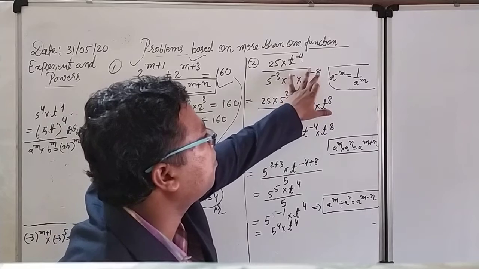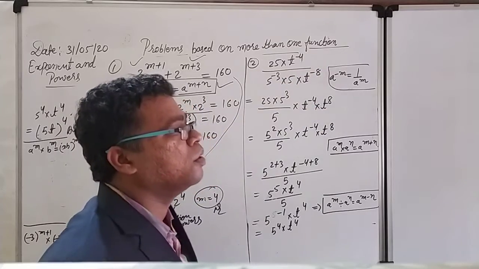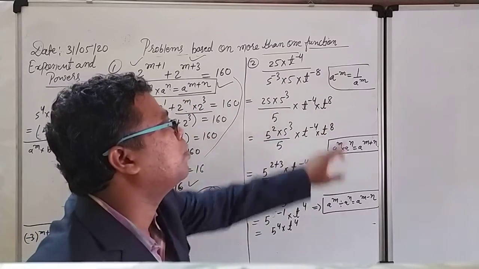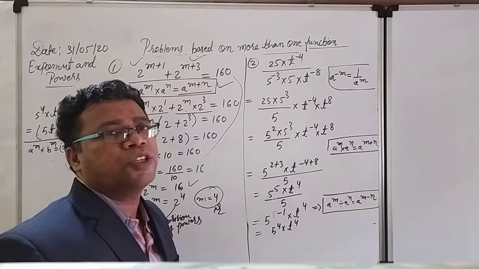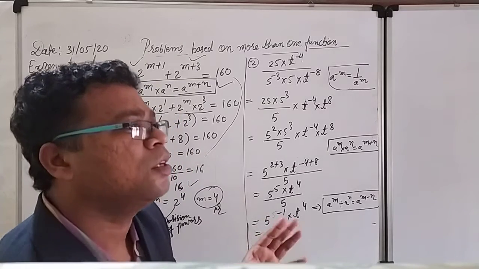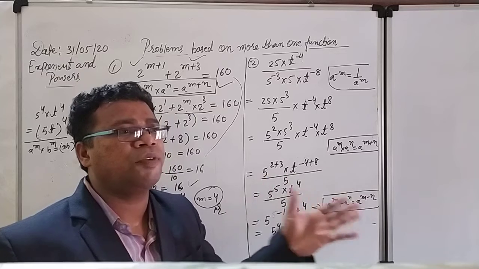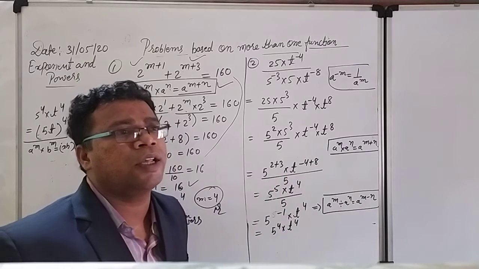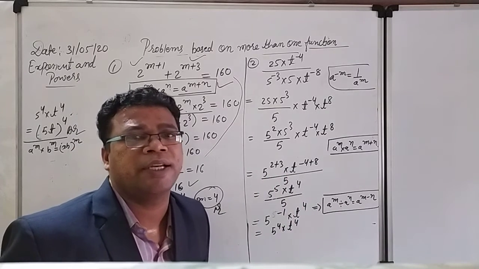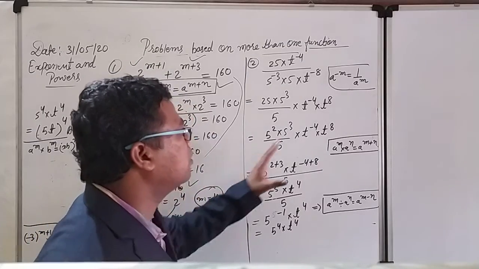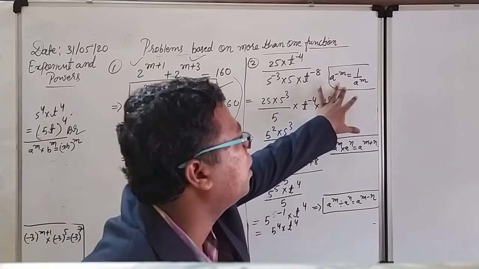And t to the power minus 8, that also I am transferring to the numerator side, so it is going to be t to the power 8. If a negative exponent is there, we just have to change the side. Numerator becomes denominator, denominator becomes numerator, if we want to make the exponent positive. Nothing else. The first step is clear by that particular law.